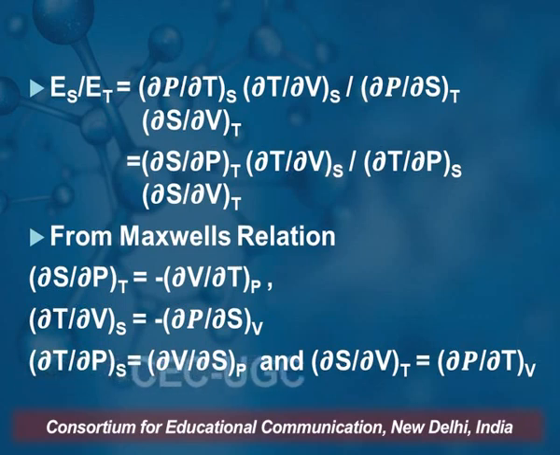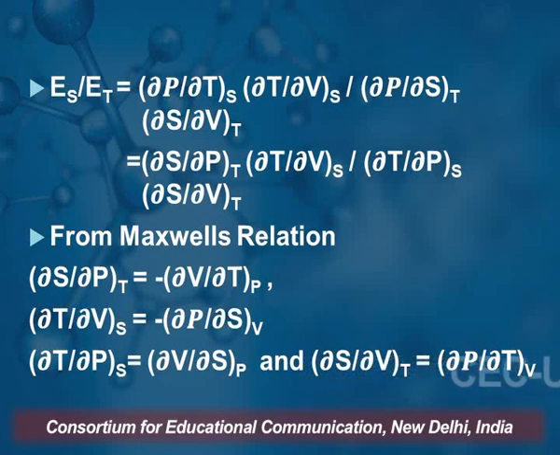From Maxwell's relation, we have delta S by delta P at constant temperature is equal to minus delta V by delta T at constant pressure, and delta T by delta V at constant S is equal to minus delta P by delta S at constant volume.